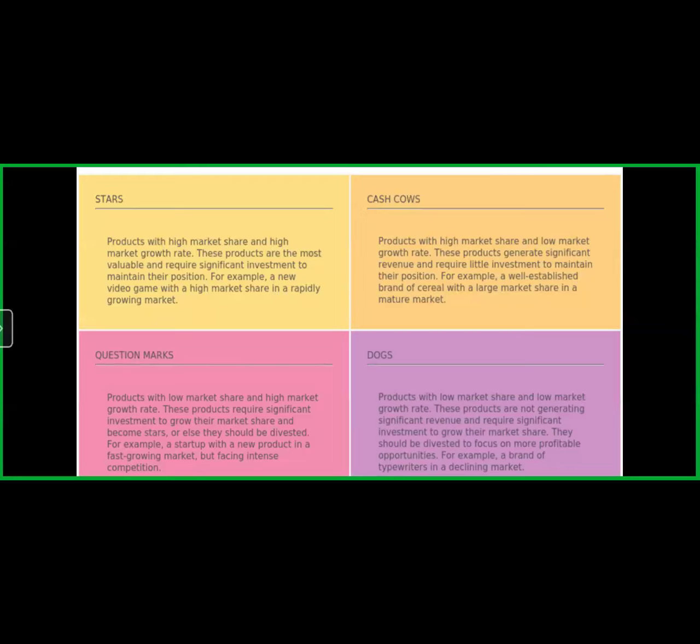So cash cows are those products of the company for which, at present, everything is good. At present that product enjoys the market share, and is giving the company a very good amount of profit. But in the near future the same may not be there, and that product is listed under the second square, which is called cash cow.